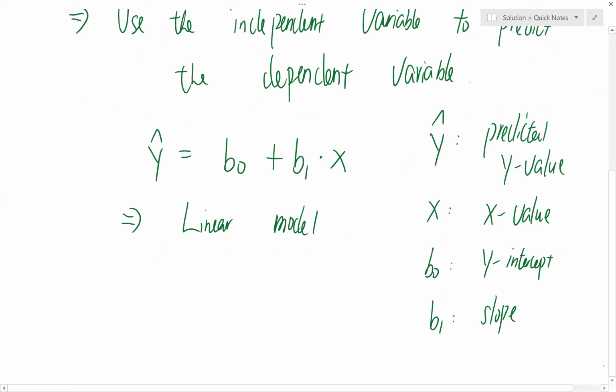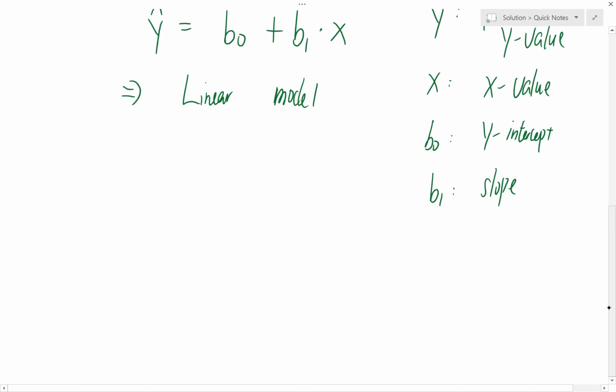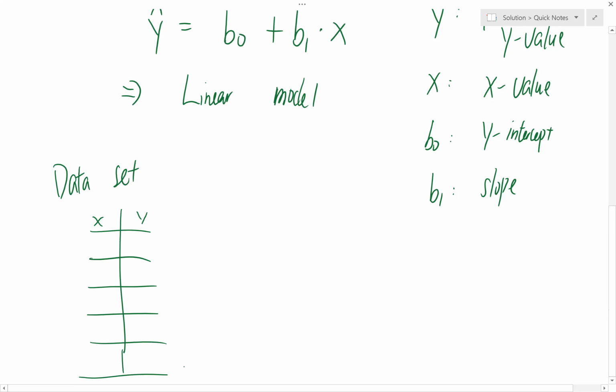Now, the first impression is when you look at, for example, a data set. Let's say we have a data set with two variables, X and Y, and I'm writing them as ordered pairs: (2, 5), (3, 6), (5, 7), (4, 8), and (8, 12).